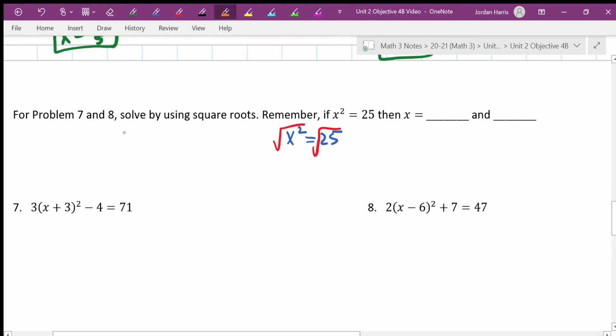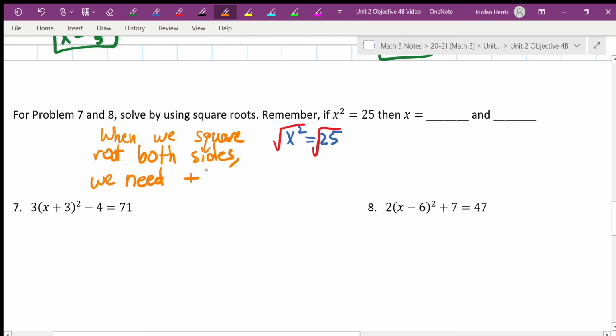Whenever we square root both sides, we need a plus or minus. So remember, that means both plus or minus. So when I square root both sides, I get x equals positive 5 and negative 5.